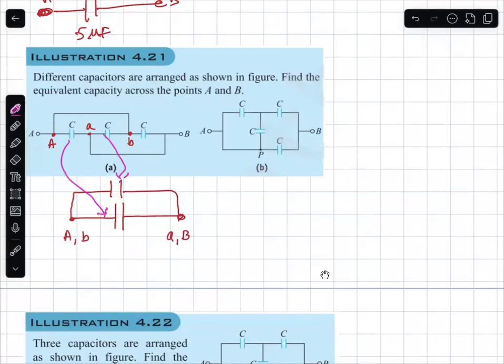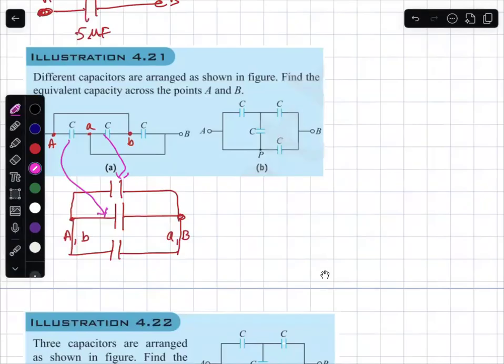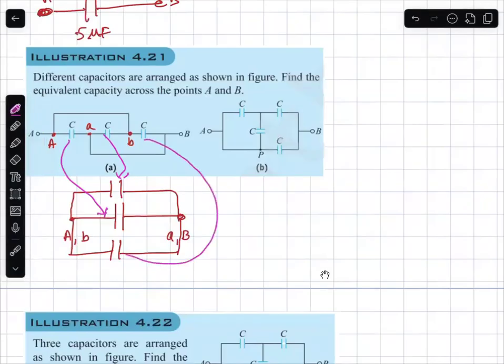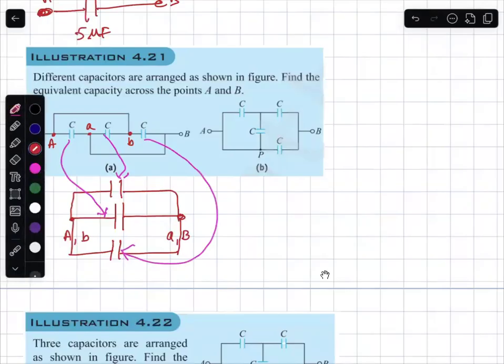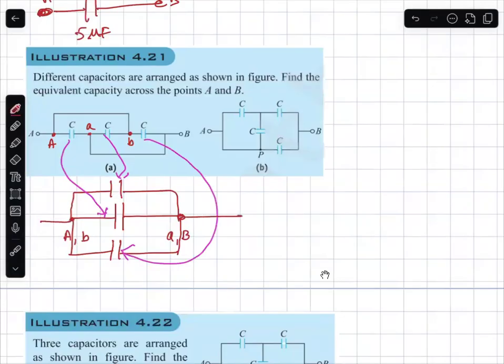And one more point, capital B to small b, you have one more capacitor, right? Which I can show here. Did I cheat you? Did I miss any capacitor? Boys and girls, now, how are all across AB? They are in parallel. So therefore, effective capacity is 3C.